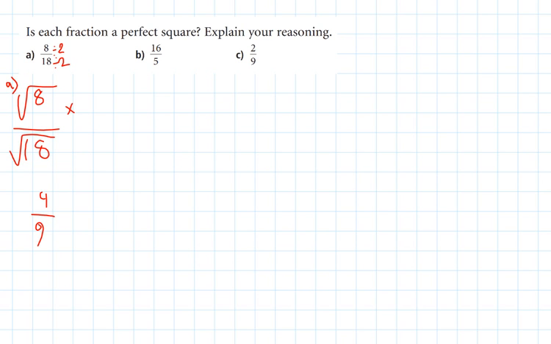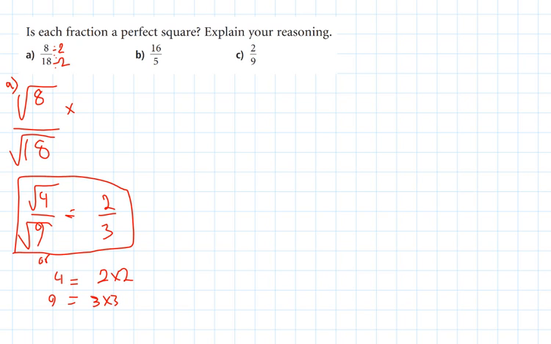So if you want to take the square root of those two numbers, you're going to end up with 2 over 3, or you can say 4 is equal to 2 times 2, and 9 is equal to 3 times 3. So either one of those two ways would be a solution for this problem. So this would be a perfect square.